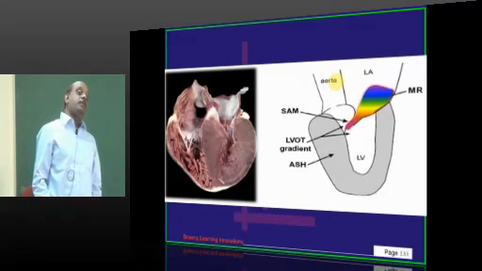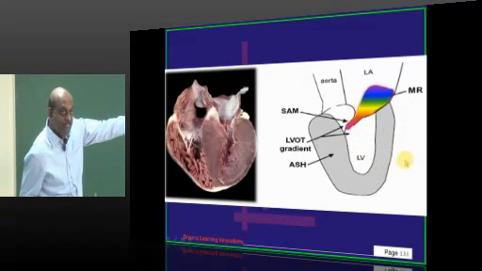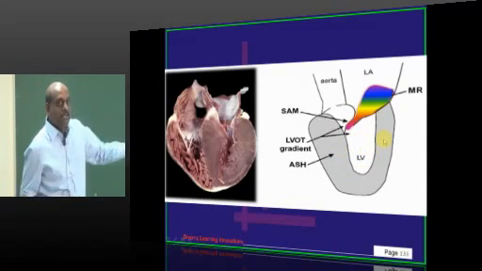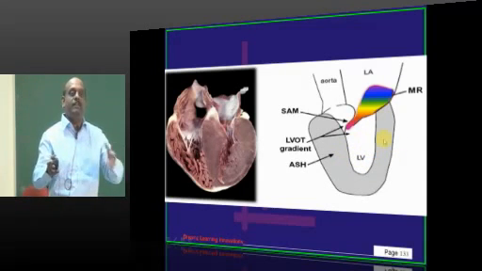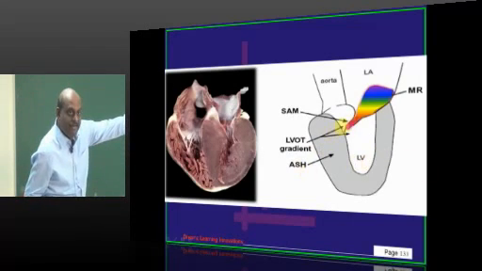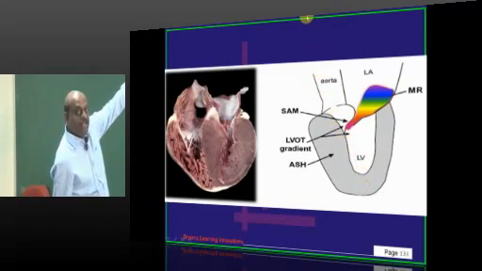What happens with inspiration in these people? With inspiration, the preload to the heart will increase, and because of that the left ventricle chamber size will increase and the touching will decrease, and that will increase the cardiac outflow.